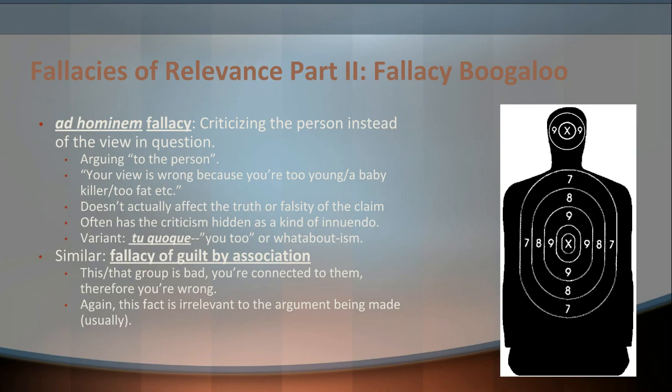By associating a person with some undesirable group, you insinuate that that's a reason to reject the position. But again, this is entirely missing the actual position and argument being made. So when somebody criticizes something that someone's associated with, rather than the position itself, again, we're making a kind of mistake of relevance, a fallacy of relevance.